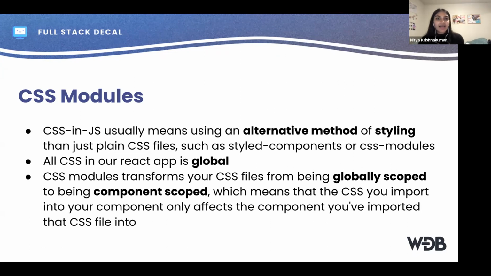So if you have class names that are the same in your different CSS files, then that could result in collisions, and that would lead to some really weird behavior, like a weird look on your page. So CSS modules just ensure that your styles for one component only apply to that component, no other components.